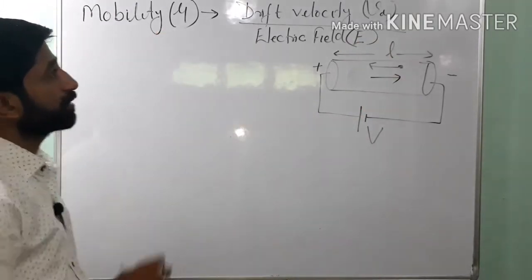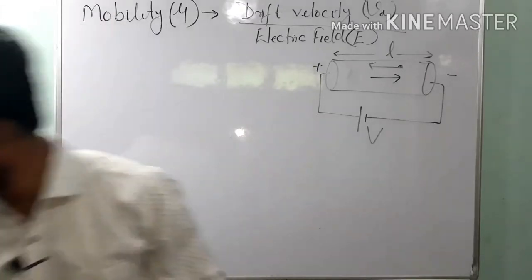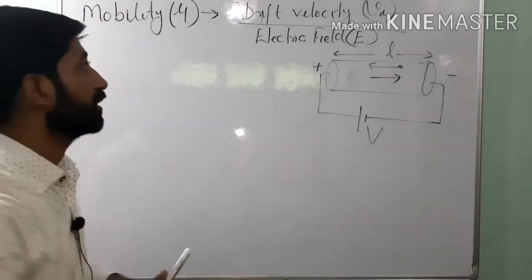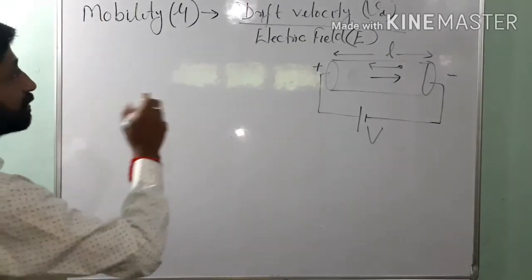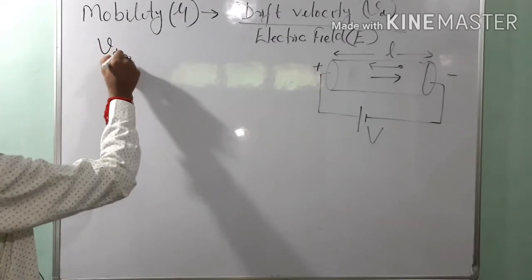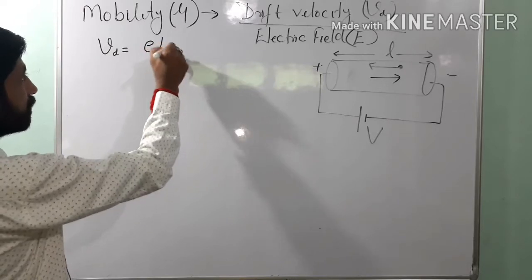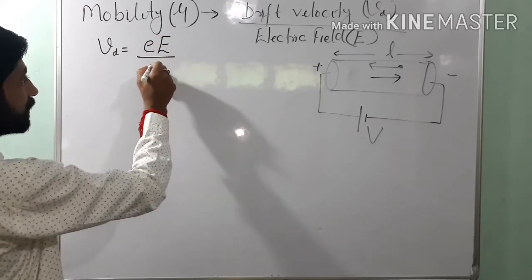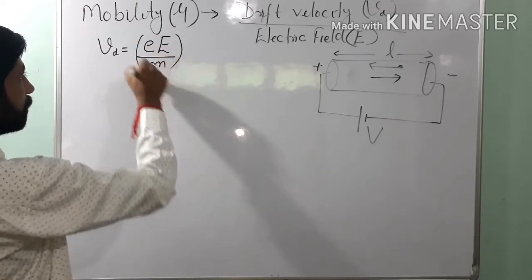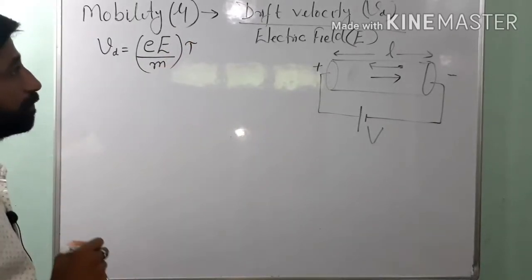We know that the drift velocity of a charged particle is given by Vd is equal to the electronic charge multiplied by electric field intensity over m multiplied by tau.